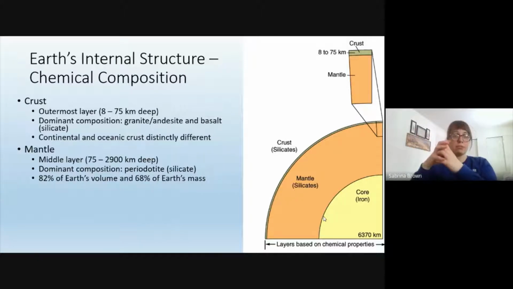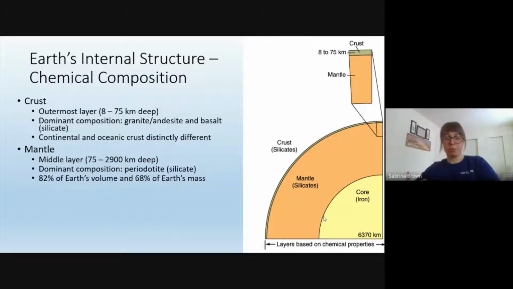That middle layer, the mantle, is about 75 to 2,900 kilometers deep, and the dominant chemical composition of the mantle is peridotite, which again is, right, basically a silicate mineral composition.